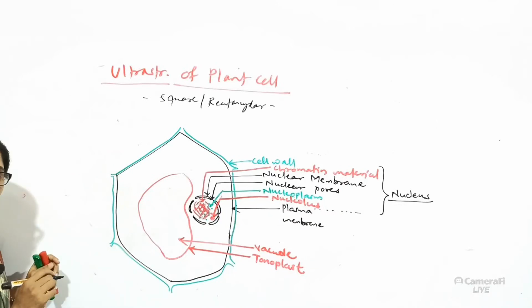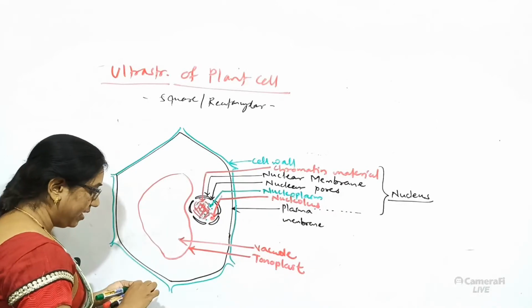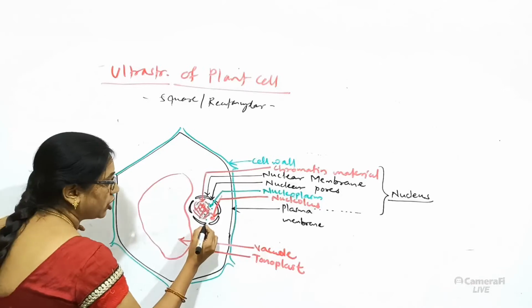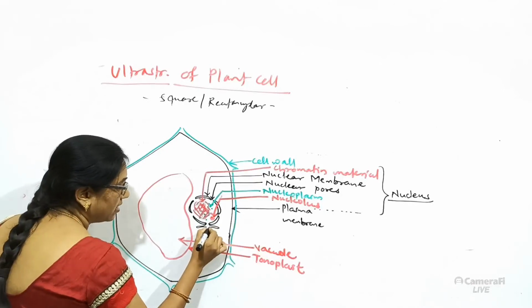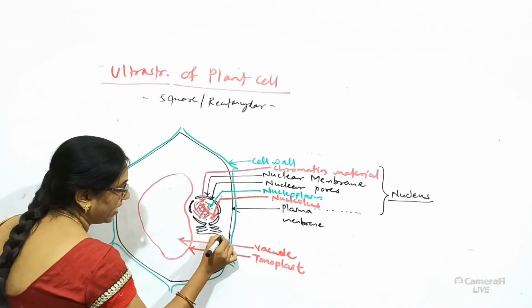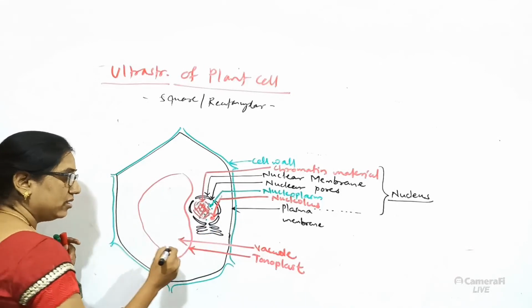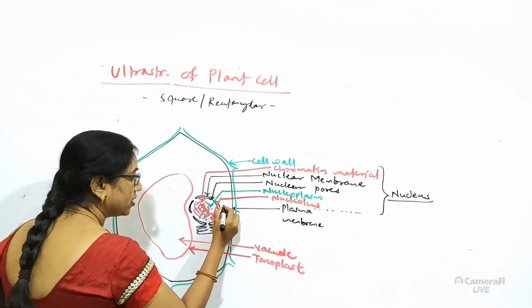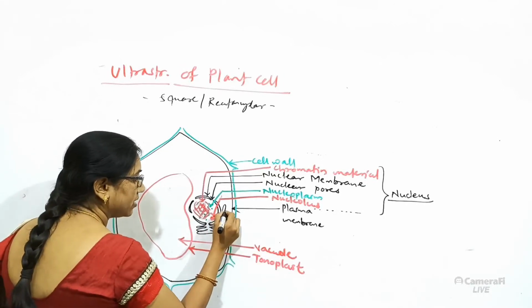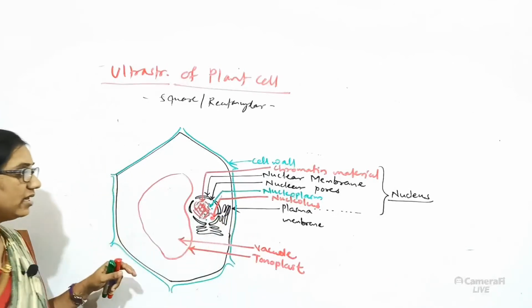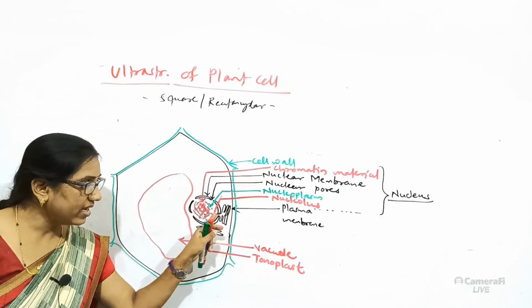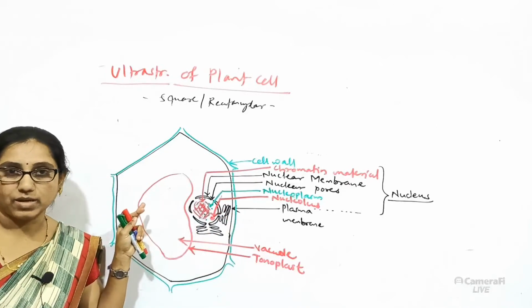Then from the nuclear membrane, there is an extension of some tubular structures. Some tubular structures are extended from the nuclear membrane, and generally they extend from the nuclear membrane to the plasma membrane.